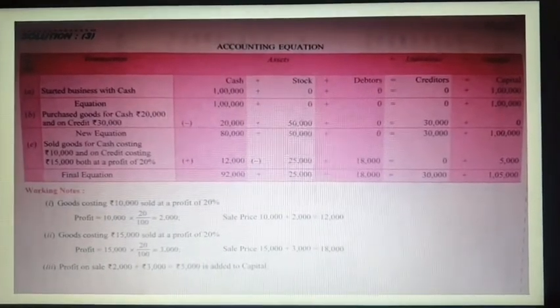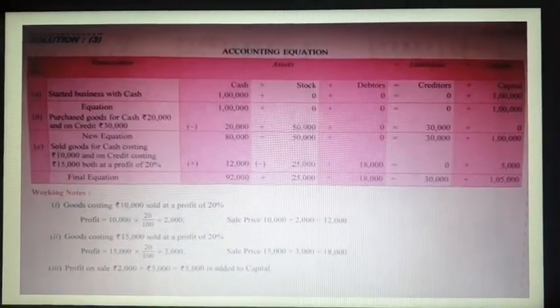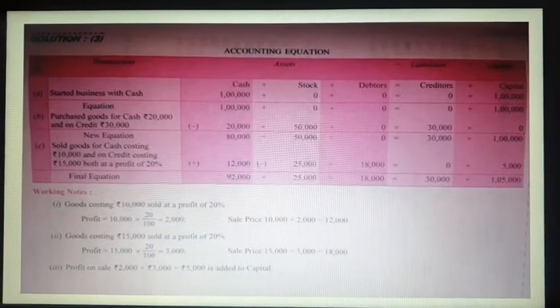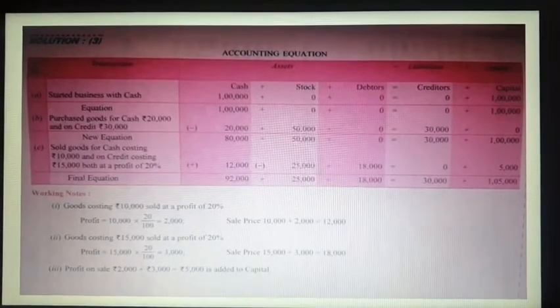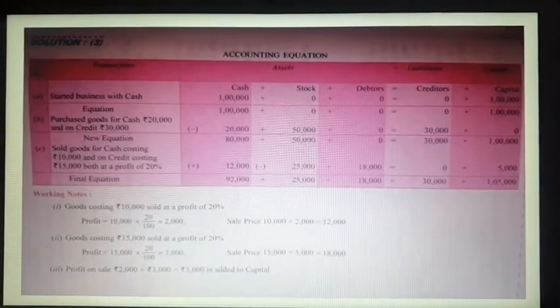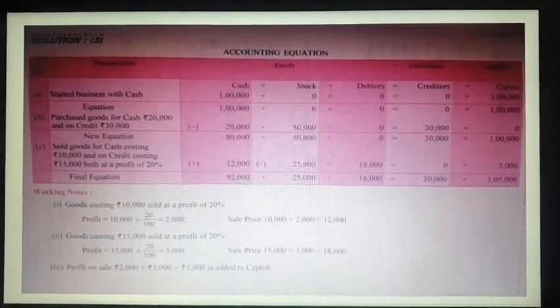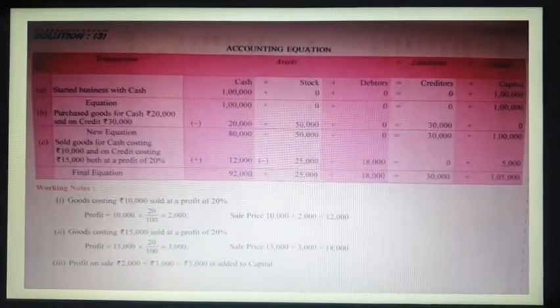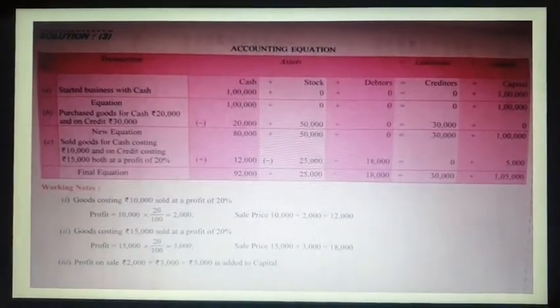This is a little bit tricky. Sold goods for cash costing rupees 10,000 and on credit costing rupees 15,000, both at a profit of 20%. See it carefully. Now we are selling the goods.